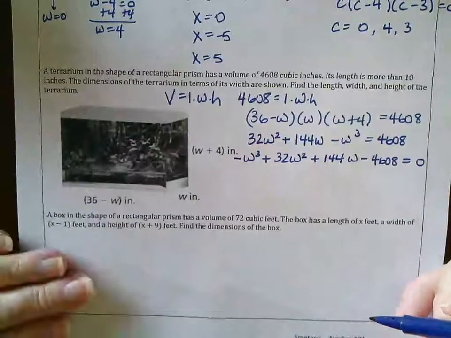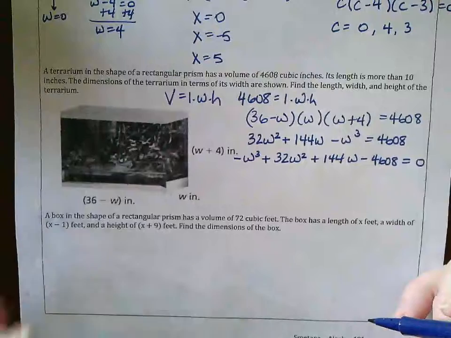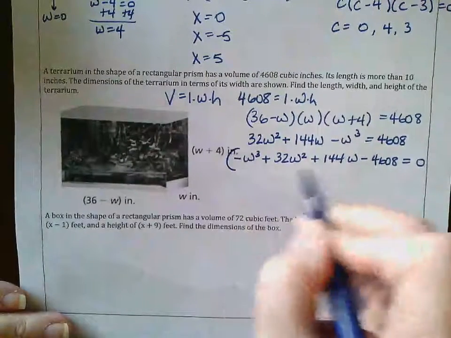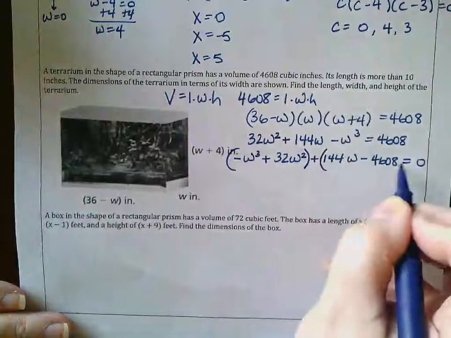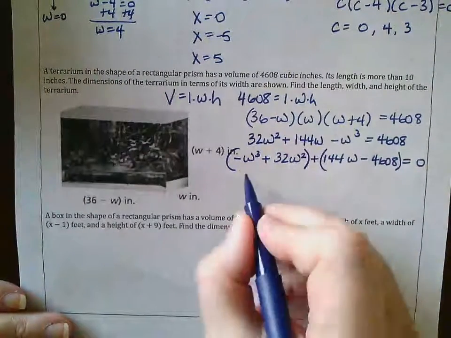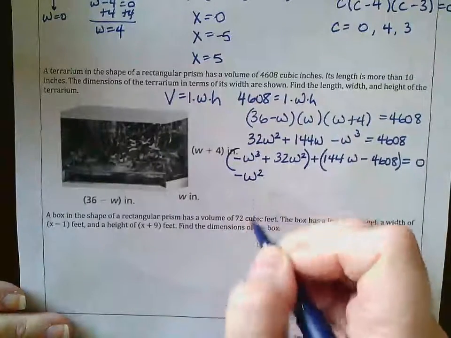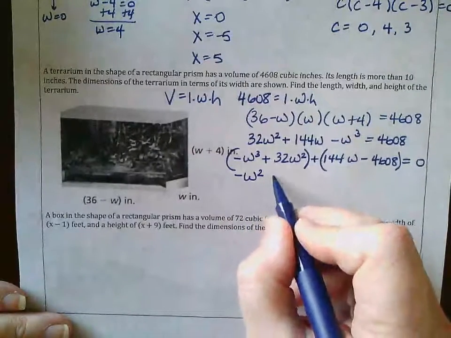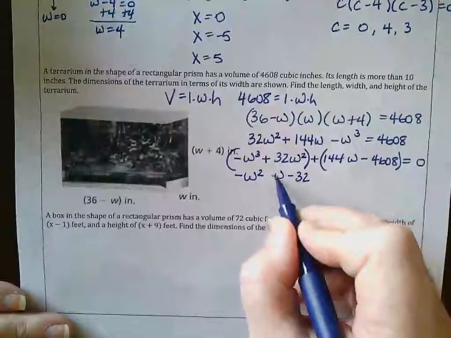Now, I have not taught you how to solve cubics, so we're going to actually look at grouping this a little bit. We're going to group these, and we're going to factor that way. Makes life so much easier. So if I pull out a negative w squared, it's going to leave me with w minus 32.